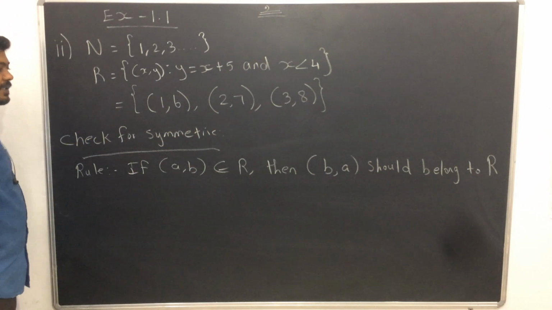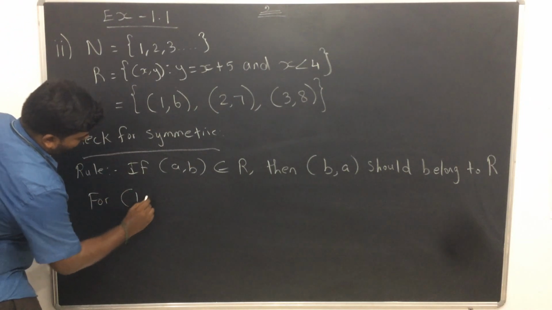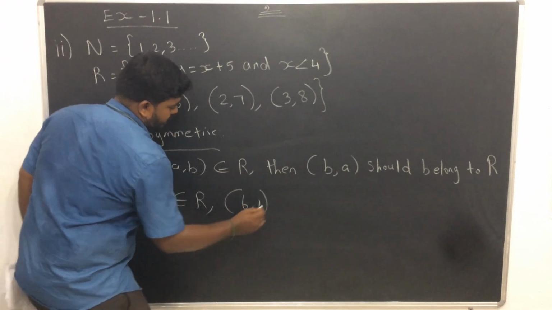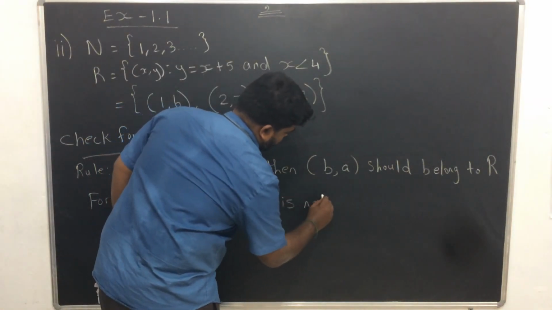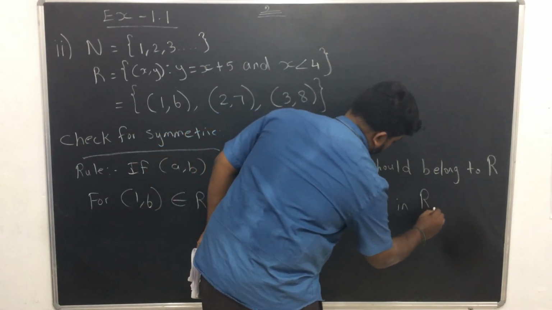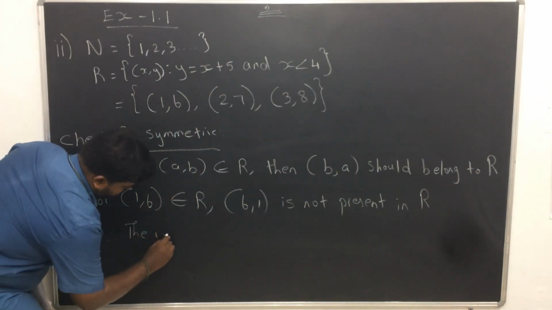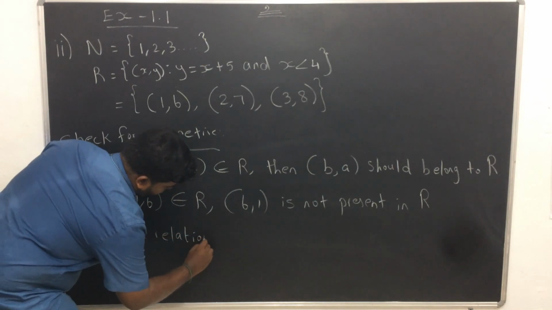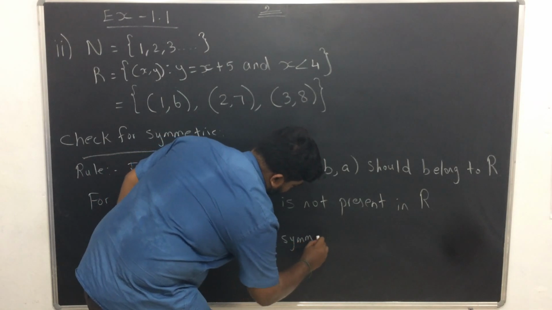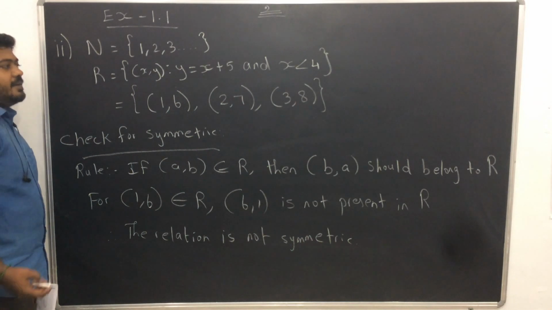No. So this proves this relation is also not symmetric. For (1, 6) belonging to R, (6, 1) is not present in R. So we conclude that the relation is not symmetric.